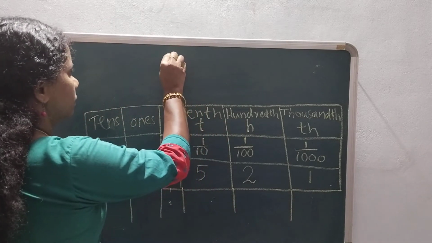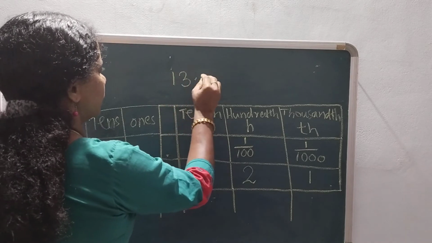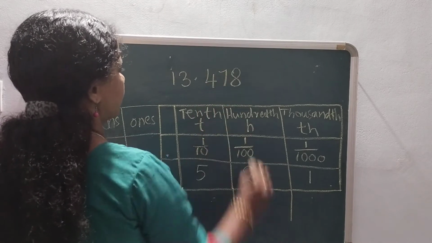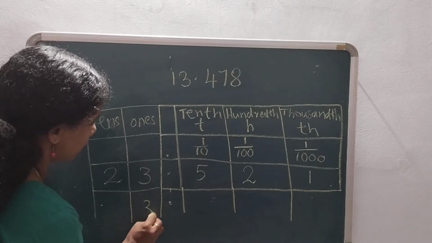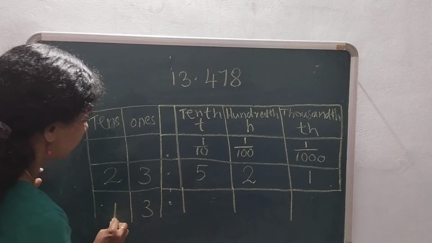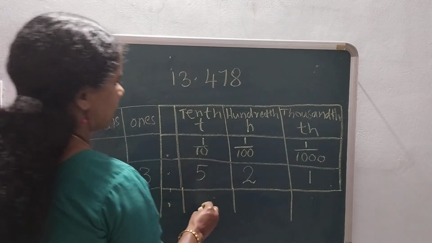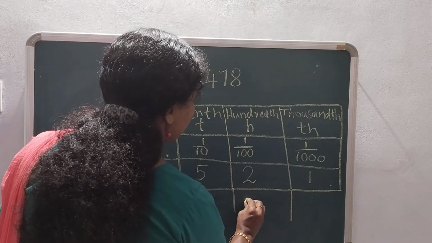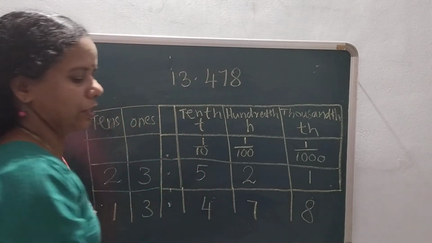If we are given 13.478, for the whole number we will write 3 in the ones place and 1 in the tens place, that is 13. Put the decimal point, then in the tenths place it is 4, in the hundredths place it is 7, and in the thousandths place it is 8.